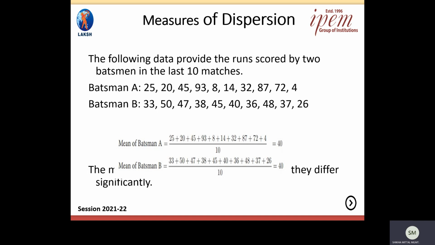Batsman A's scores and batsman B's scores are given. When we find the mean by summing up the numbers and dividing by the total number of matches, the average of both batsmen is the same, that is 40, but they differ significantly.